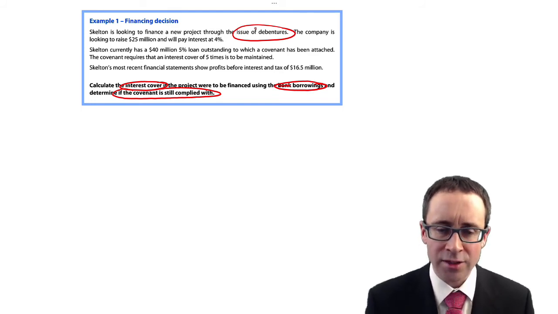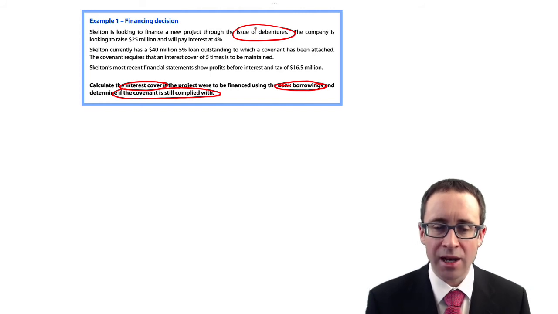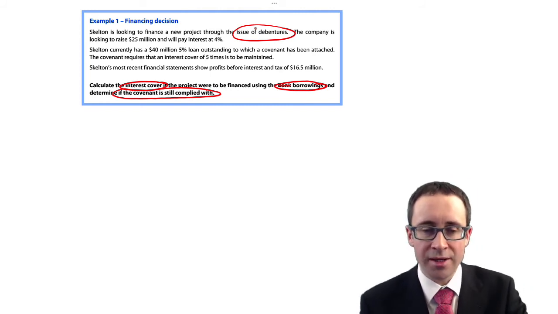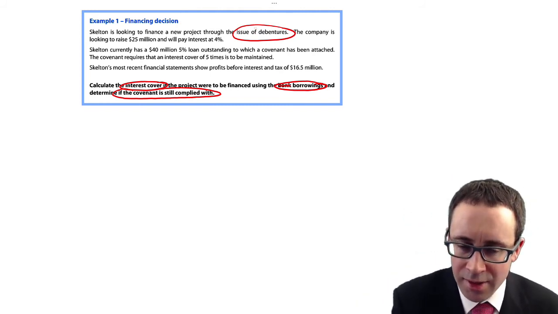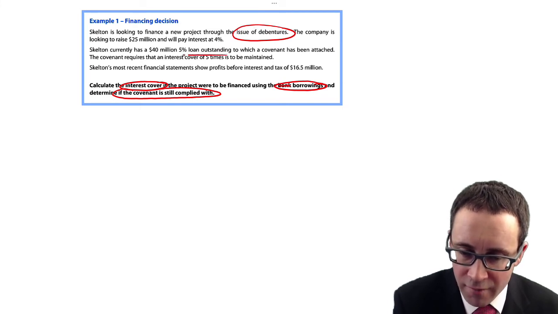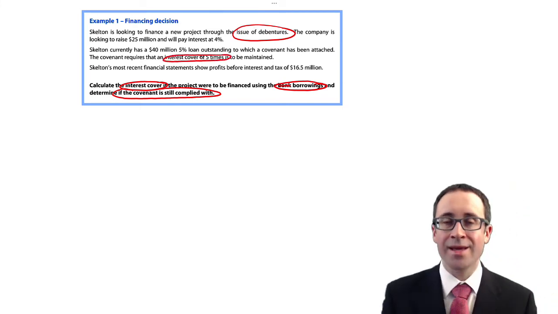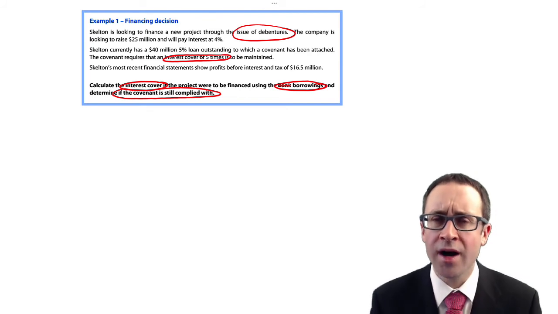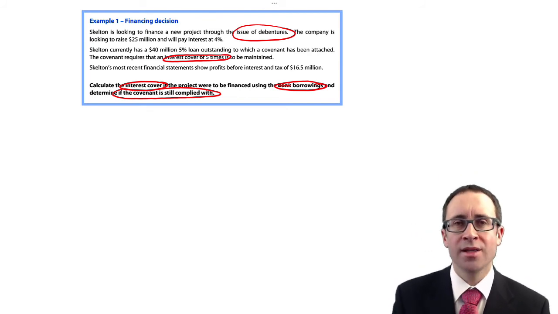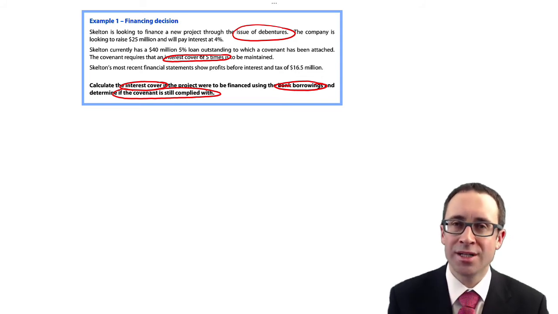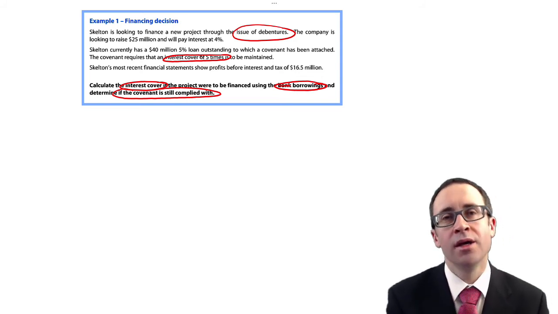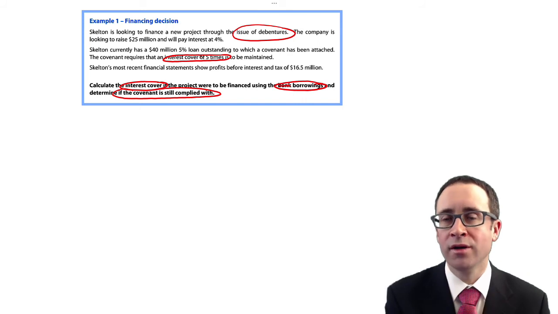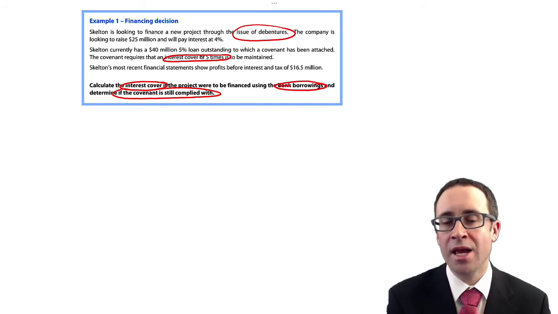Skelton currently has 40 million of 5% loans outstanding to which a covenant has been attached. It needs to make sure that an interest cover of 5 times is maintained. So if we drop below 5, then we are breaching that covenant because our interest expense is at risk. There are not sufficient profits to cover those interest payments.